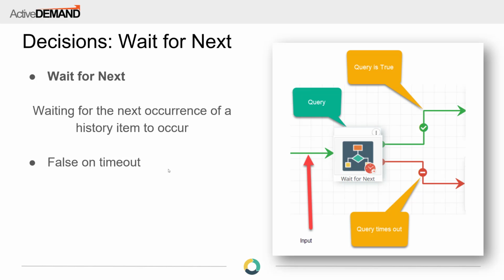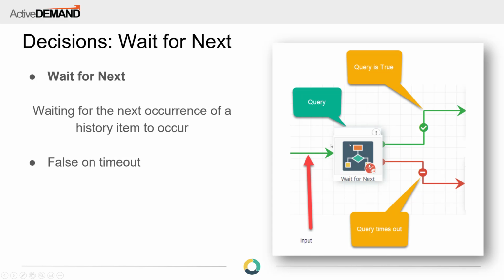They may have phoned us in the past, but if this query is being made, we're trying to wait for the next history element to occur. If we're waiting for them to call at this specific juncture inside the workflow, then we would use the wait for next object and define the history query to be phone call, as we're waiting for a phone call.